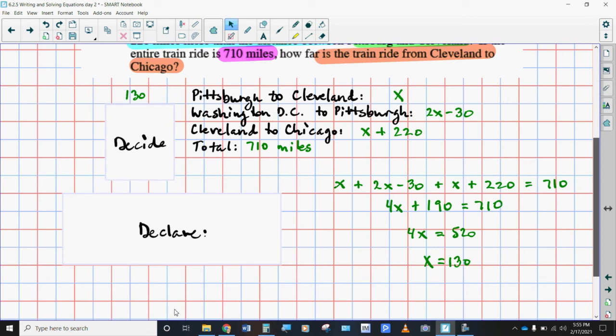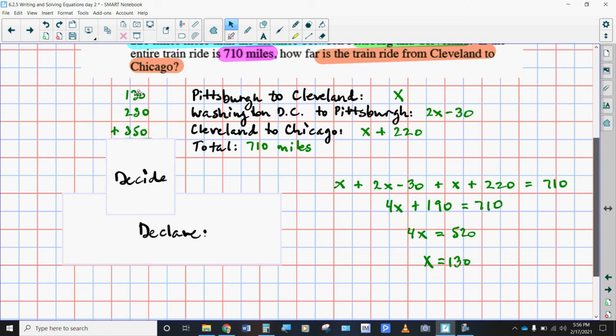To make sure that this is correct, we will double that number and then subtract away 30. That would be 260 minus 30 is 230. And then we'll take this distance here, 130 plus 220, that is 350.